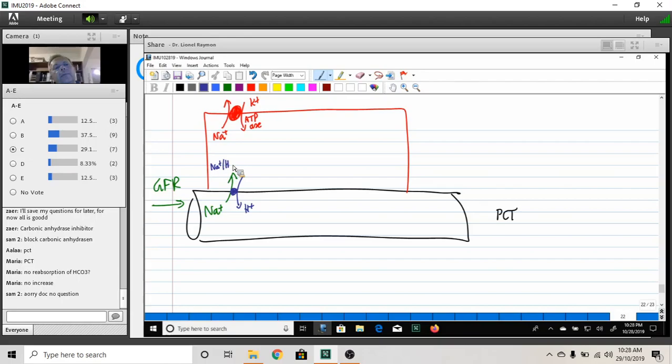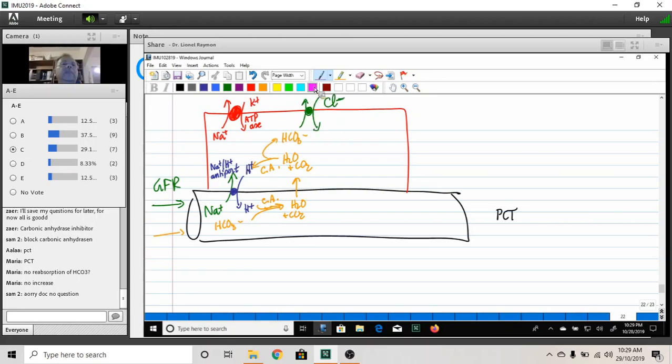And now intracellular carbonic anhydrase, since they're ubiquitous, gives you the proton and gives you the bicarb back. Well, for bicarb to now be retained, bicarb is exchanged with chloride for electroneutrality.